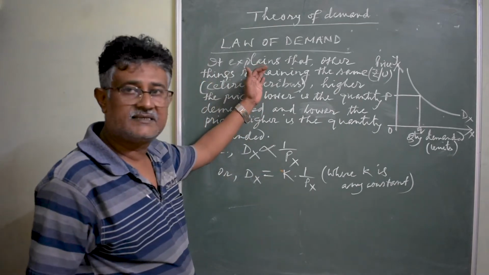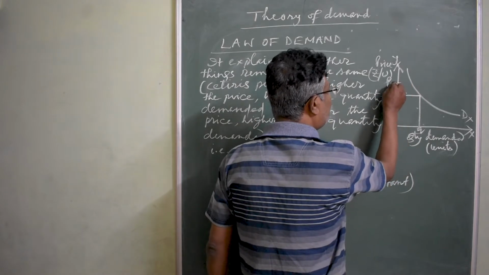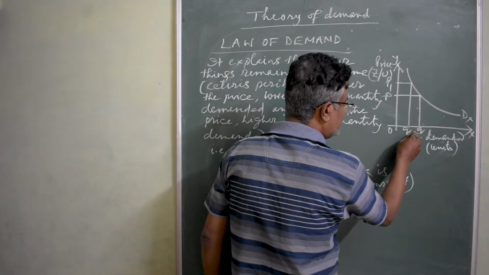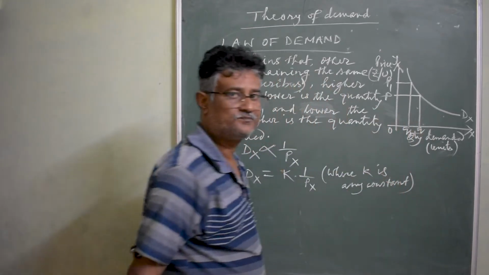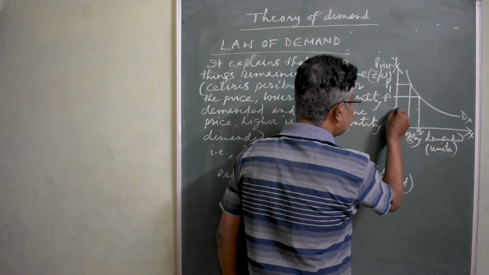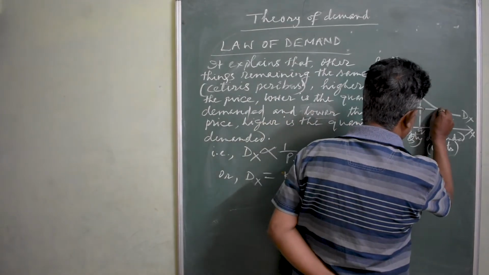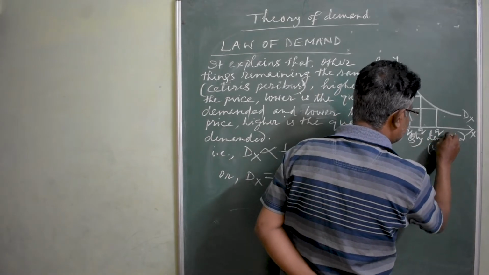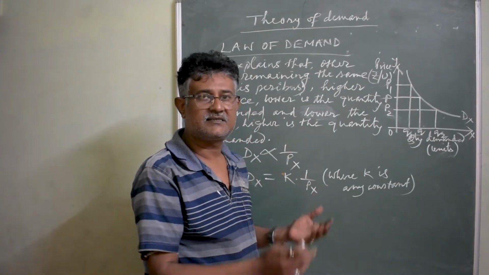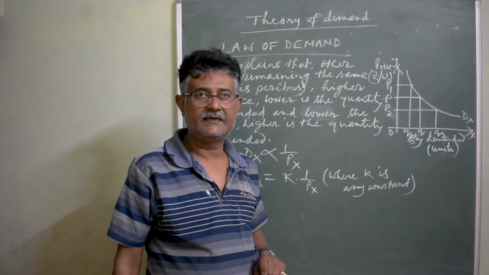Now, other things remaining the same, if the price rises from OP to OP1, with the rise in price, the quantity demanded reduces to OQ1. Contrary to that, if there is a fall in price from OP to OP2, the quantity demanded increases to OQ2. Thereby, it establishes an inverse relationship between price and quantity demanded.